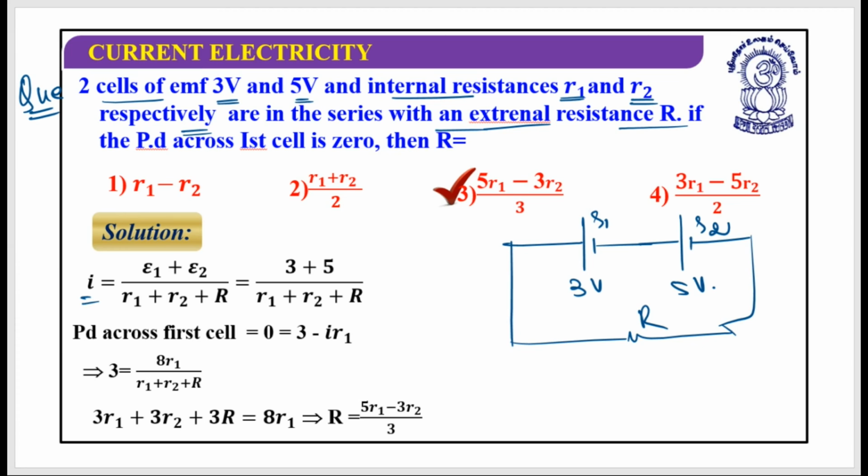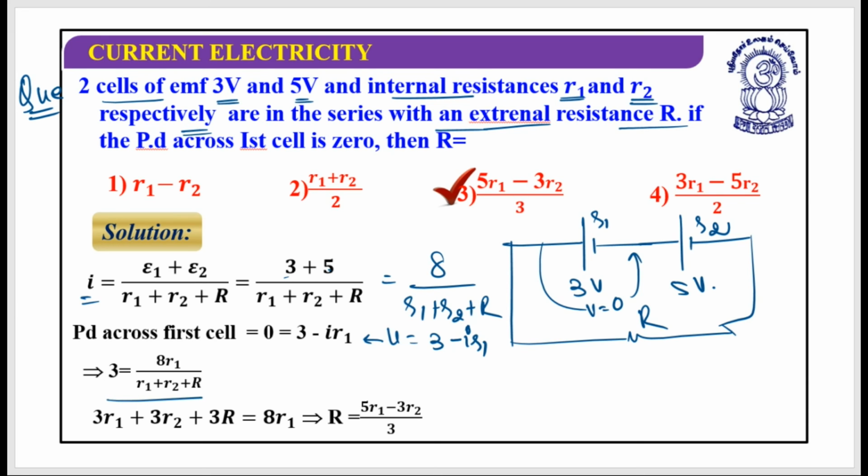So current would be equal to 3 plus 5, which is 8, divided by R1 plus R2 plus R. We know that the potential difference across the first cell is declared as 0. So V is equal to E minus I into R1, and this is 0.